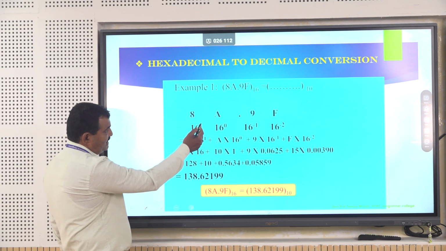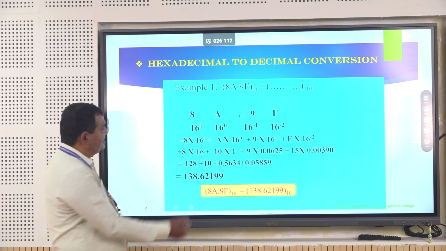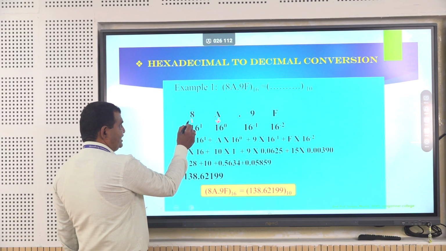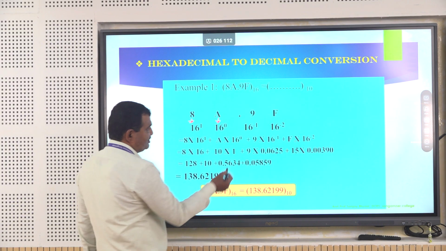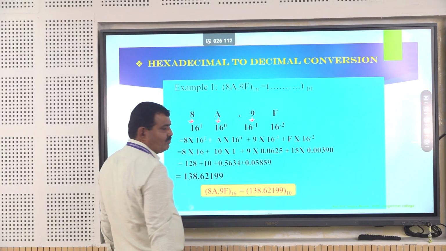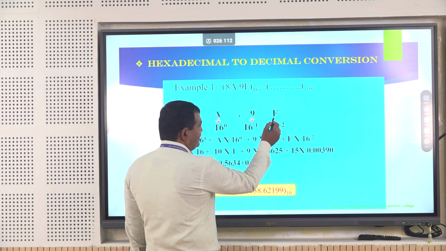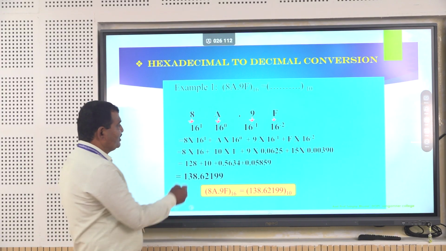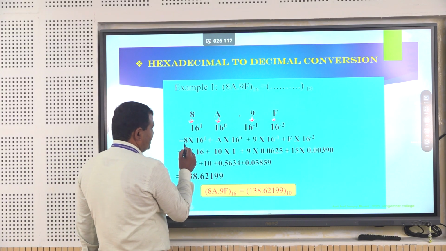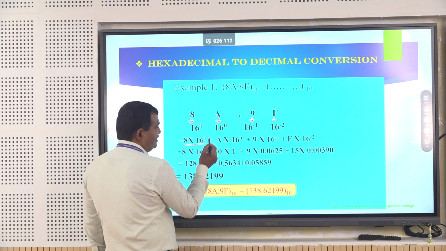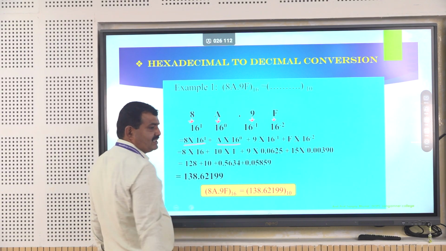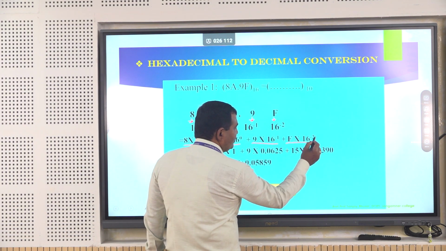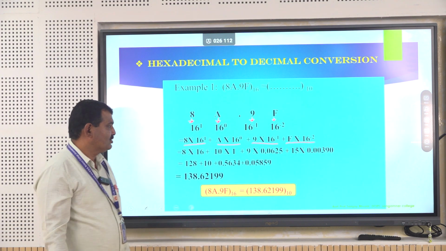Last example is 8A.9F. This A has positional value 16 raised to 0, 8 has positional weight 16 raised to 1, 9 has positional weight 16 raised to minus 1, and F has positional weight 16 raised to minus 2. So, we can write the weight of sum equation as 8 into 16 raised to 1 plus A into 16 raised to 0 plus 9 into 16 raised to minus 1 plus F into 16 raised to minus 2.